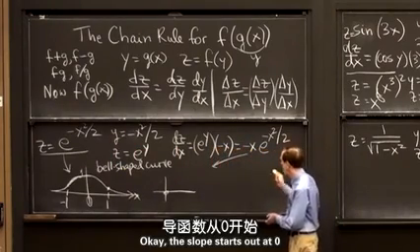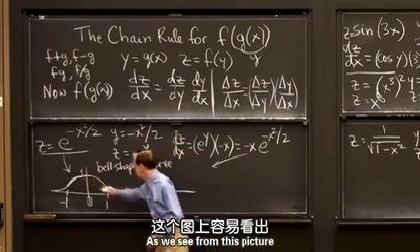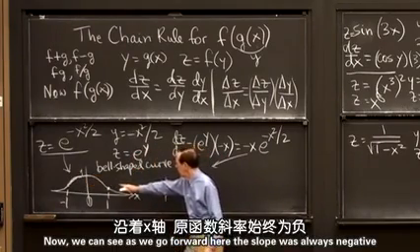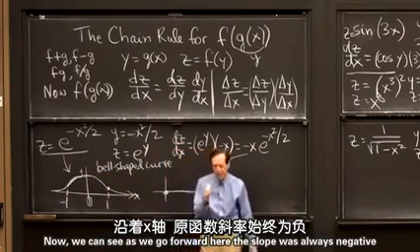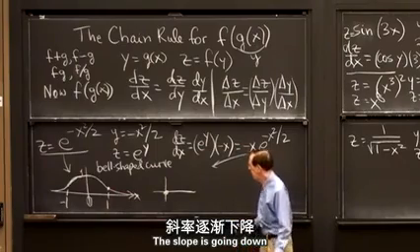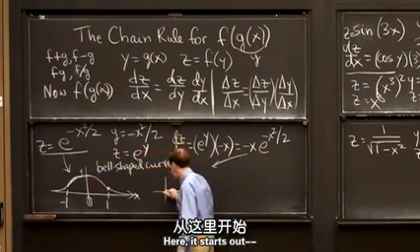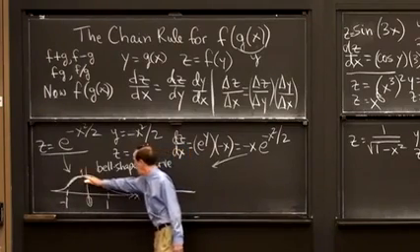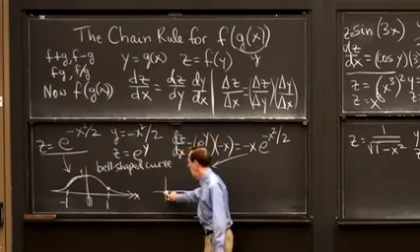Okay, the slope starts out at 0, as we see from this picture. Now, we can see as I go forward here, the slope is always negative.